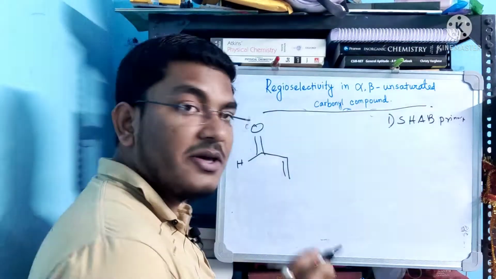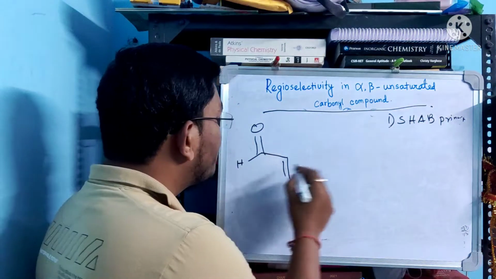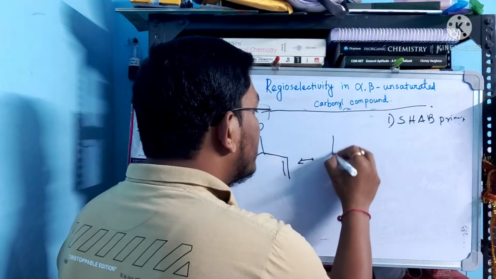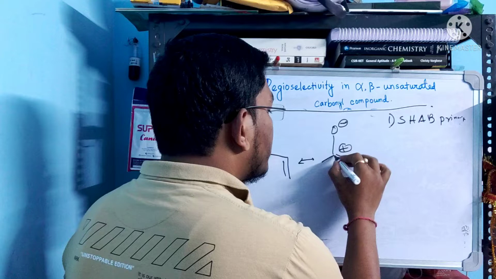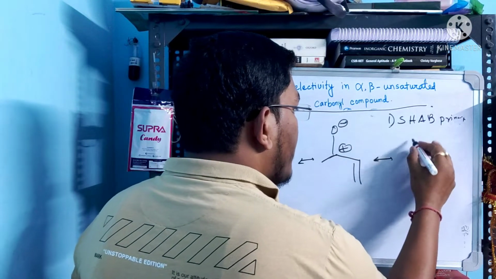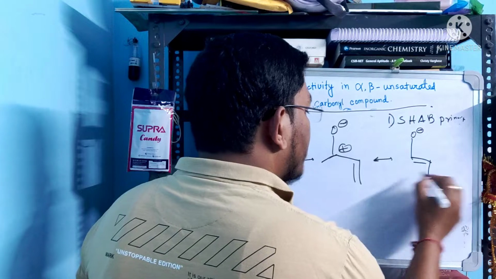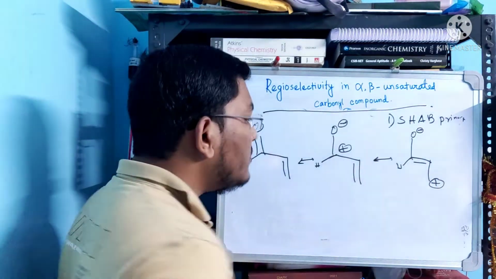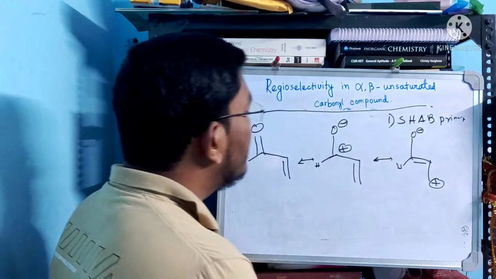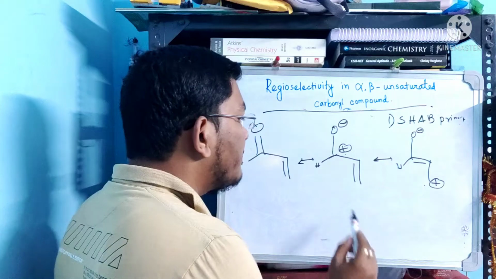Now see very carefully. This carbonyl carbon in its two resonating structures has two electrophilic centers.